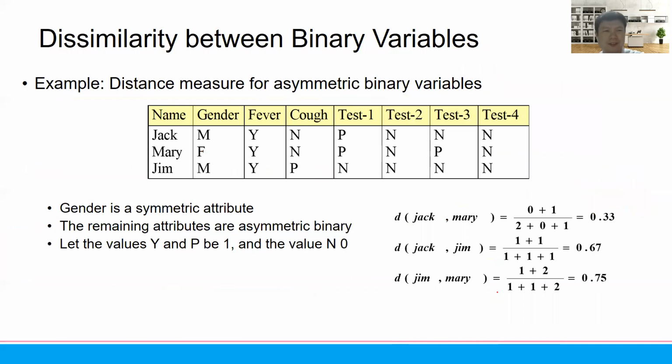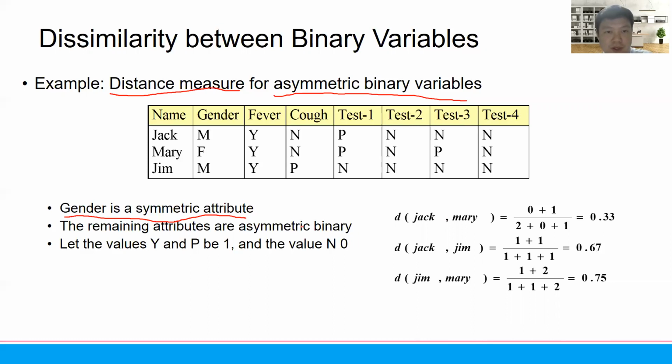Now let's see this example. This is the dissimilarity between binary variables, and we want to measure the distance for asymmetric binary variables. You know that gender is symmetric, so let's just omit gender.